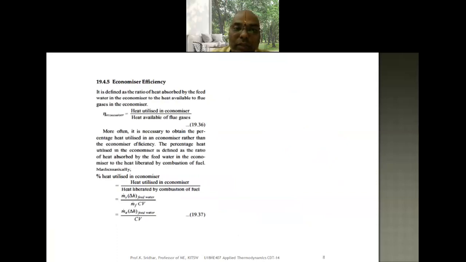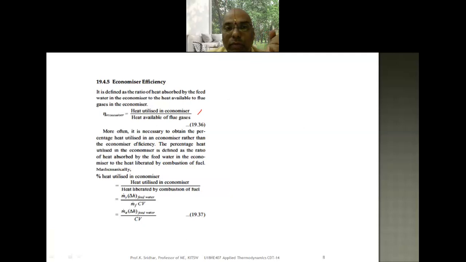So the next one is the economizer efficiency. Economizer efficiency is defined as the ratio of heat utilized in the economizer to the heat available in the flue gases. Once again we should know the function of the economizer. We have to supply the water to the boiler, and the water is basically supplied to the boiler with the help of the economizer. Normally, the feed water will be supplied to the economizer.